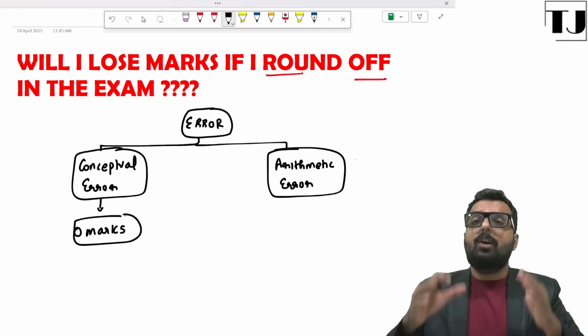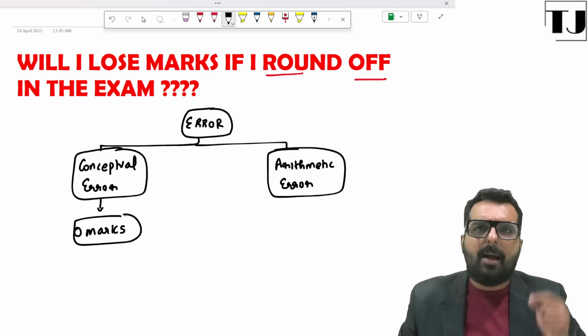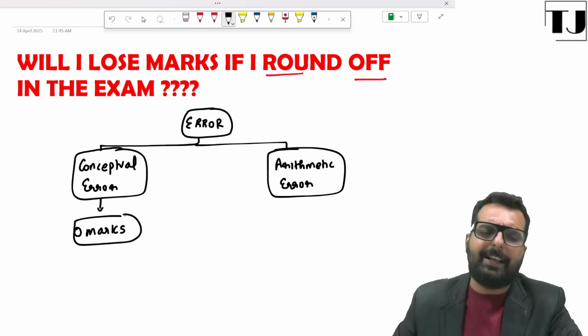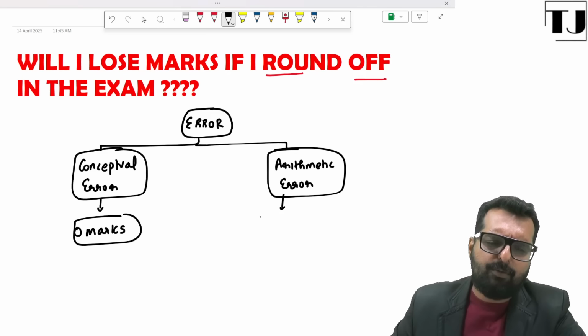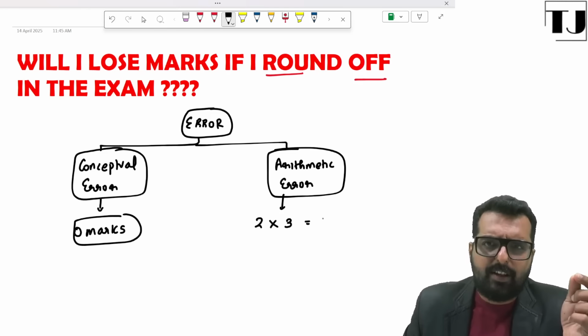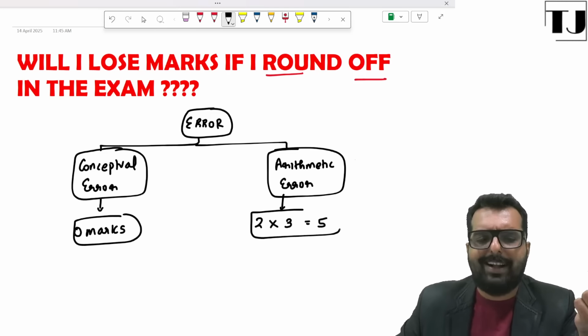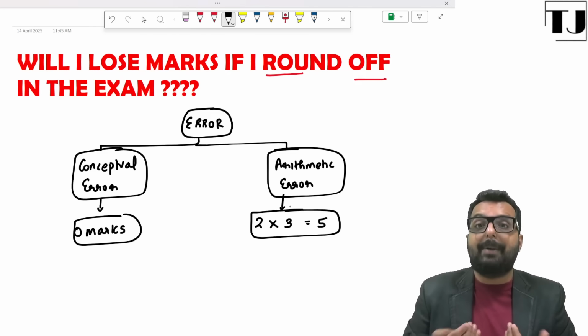Everybody clear with this part? So if you have a conceptual mistake, you don't get any mark. But if you have an arithmetic mistake, for example, if you have put 2 into 3, your answer should be 6, but by mistake, instead of writing 6, you wrote 5. This is an example of an arithmetic mistake.